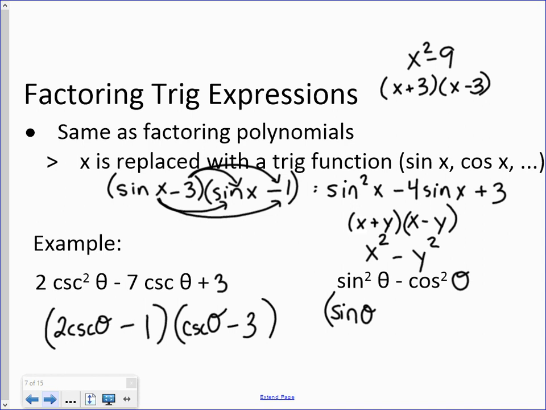Plus cosine theta. And my other factor would be sine theta minus cosine theta. So you're just kind of following a pattern there. Now, that's less common for you to come in contact with, but there are some times where you can utilize that difference of perfect squares factoring. So if you see that, you could use that.